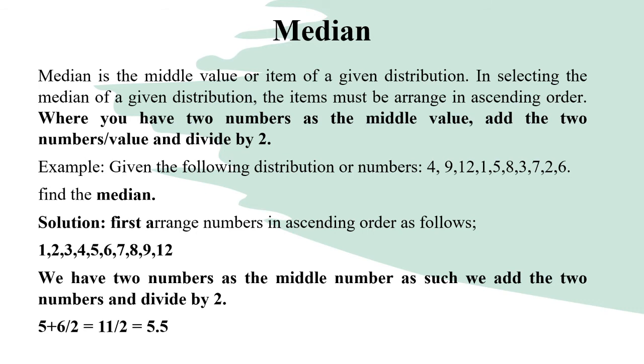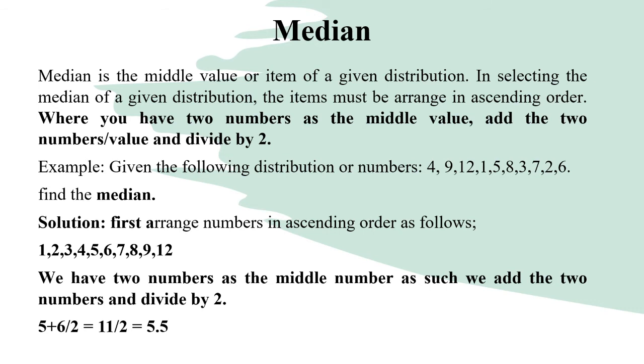Also note that when you have two numbers as the middle value, you have to add the two numbers and divide by 2. For example, given the following distribution as before, find the median.